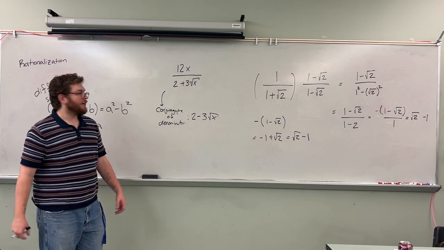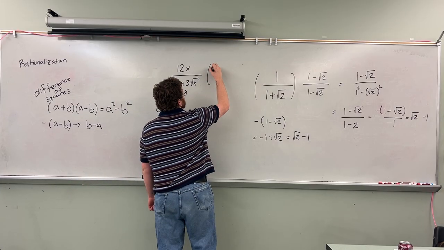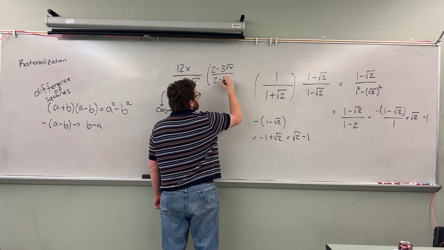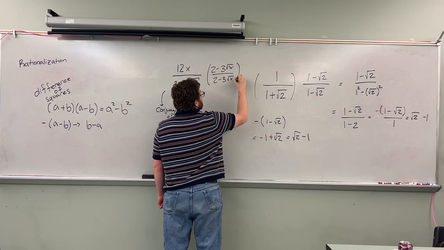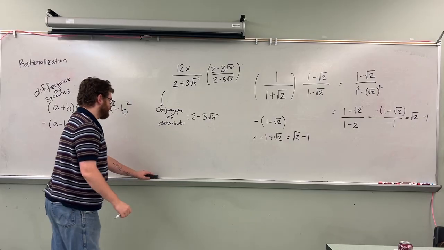So I'm going to multiply by this over itself, which is always 1. 2 minus 3 root x over 2 minus 3 root x. And then I can multiply everything out.